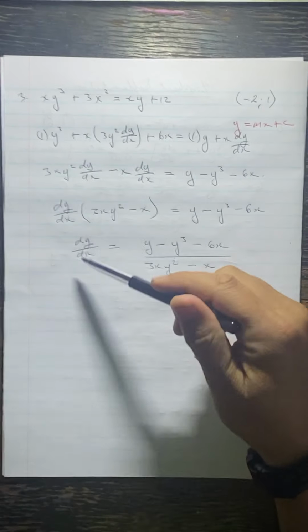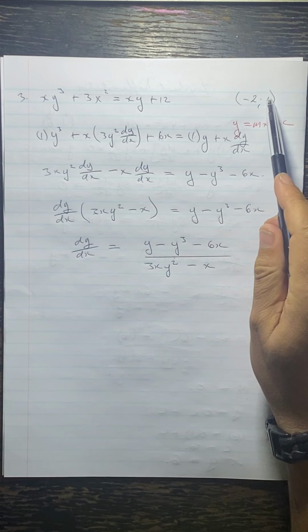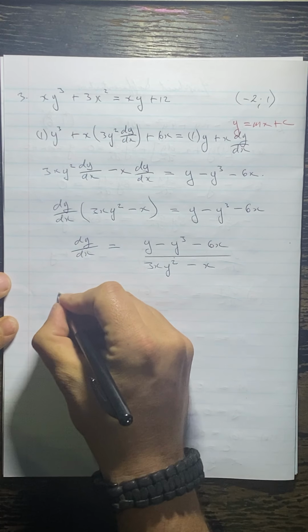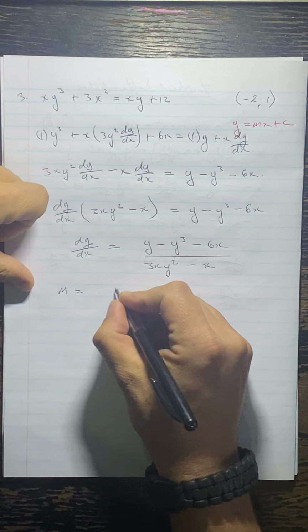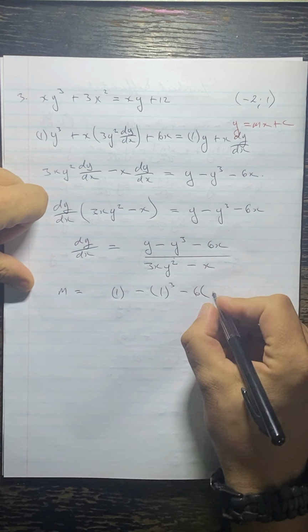Okay, so this is our gradient function, but we're interested in a particular point, (-2, 1). So let's figure out what the gradient is. So m will be equal to, our y value is 1, so we get 1 minus 1 cubed minus 6x, x is minus 2.